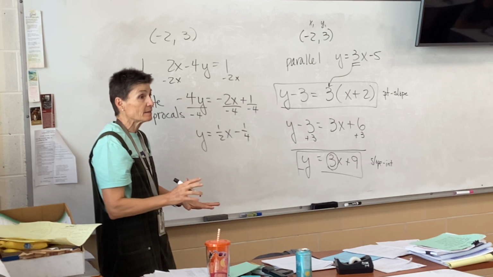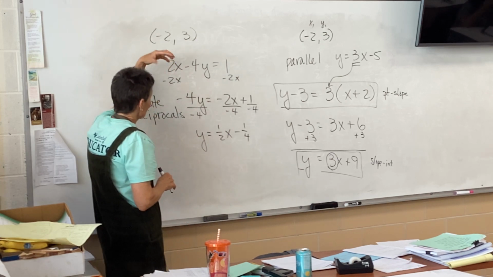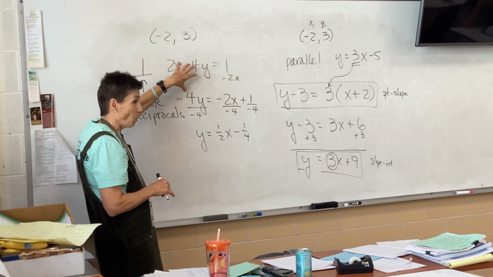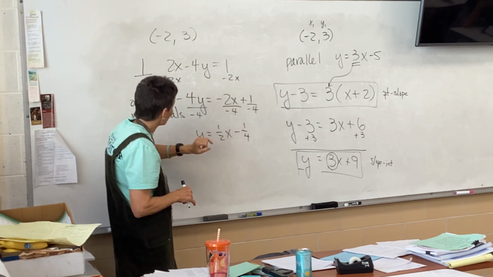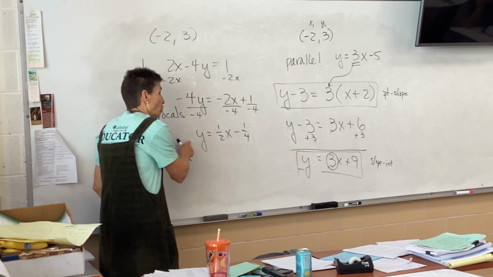Okay, that's not hard, guys. Just do it carefully. In order to figure out the slope of this line, I have to get y by itself. So I move my 2x and divide by negative 4. So what is the slope of this line?